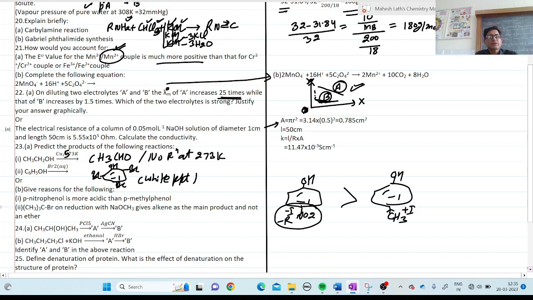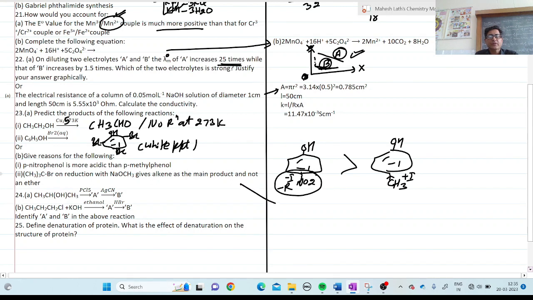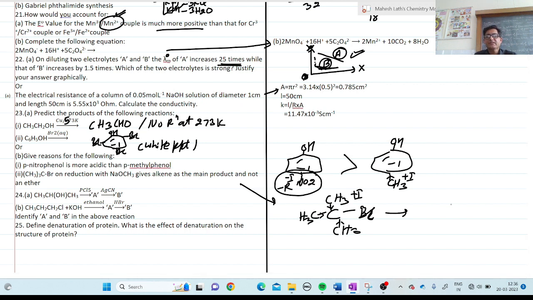Next is: tertiary alkyl halide on reaction with sodium methoxide gives alkene as the main product and not an ether. It is the limitation or exceptional case of Williamson's synthesis. This is tertiary alkyl halide in which 3 electron donating groups are present, positive I effect, which makes the release of Br as Br negative, resulting in the formation of tertiary carbonium ion.